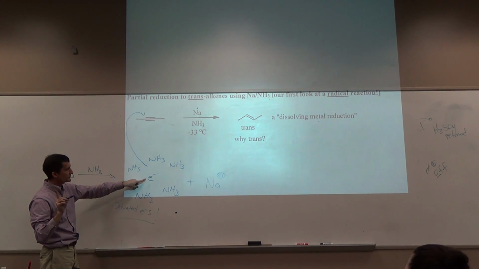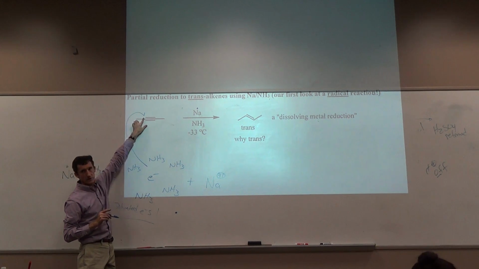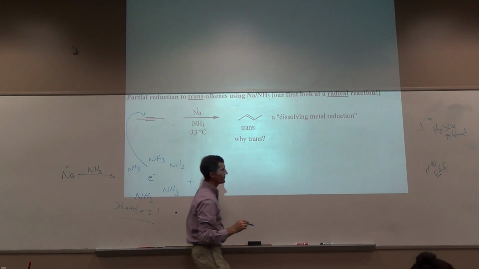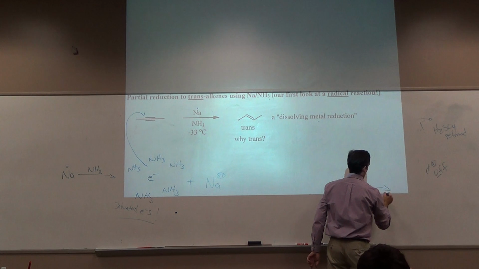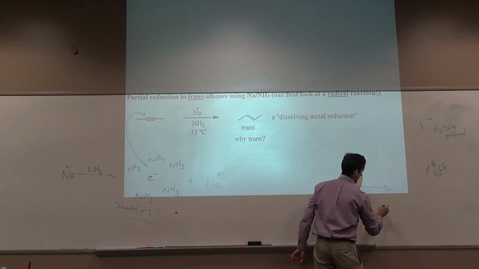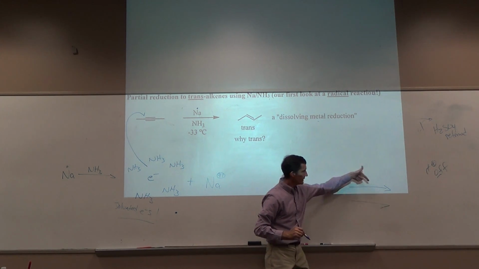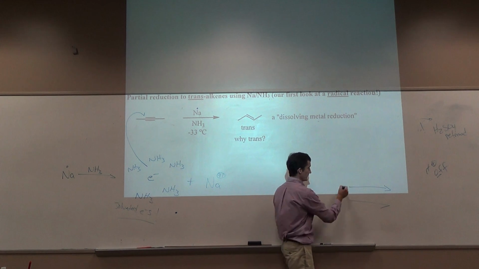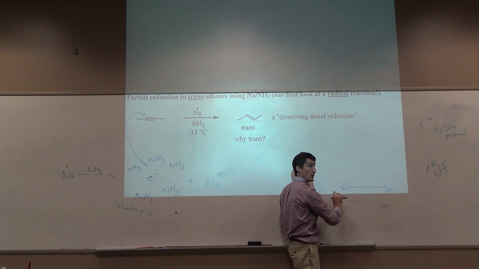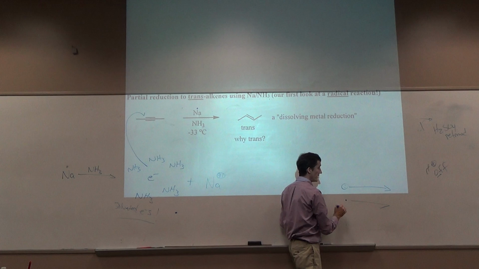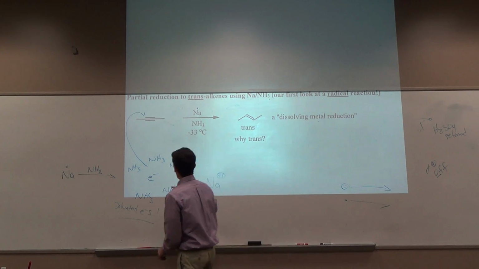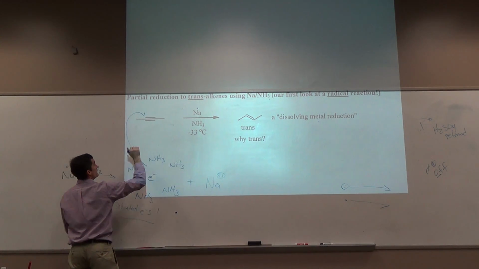Whenever you move one electron, you use a fishhook arrow. Okay? That's a regular arrow, that's a fishhook arrow. Regular arrow is 2 electrons, like a lone pair or a bonding pair. It's just 1 electron. One electron gets pumped in.